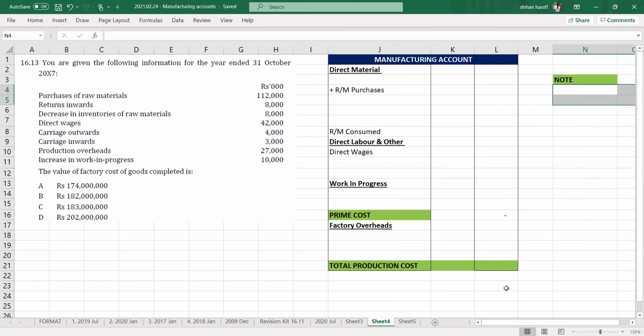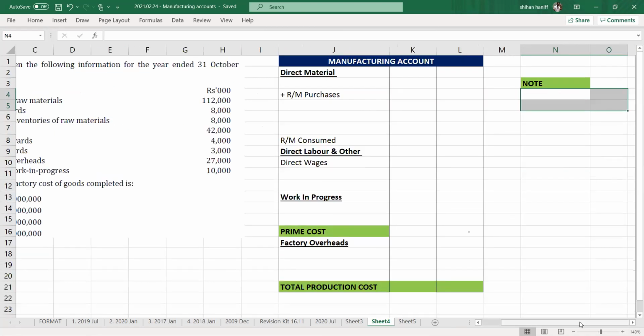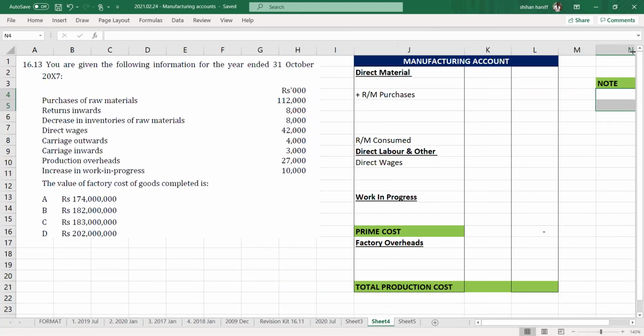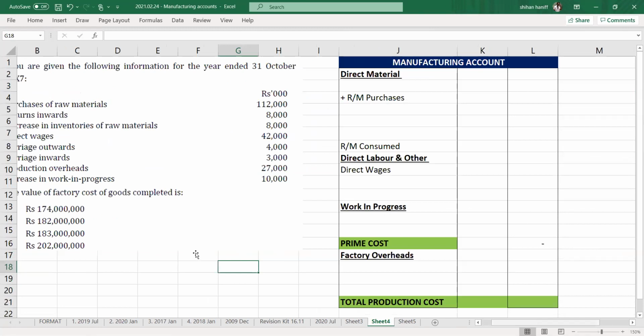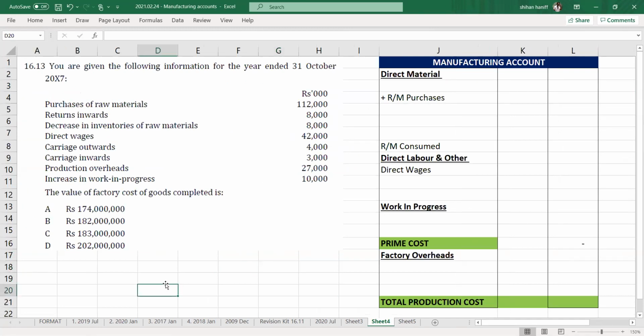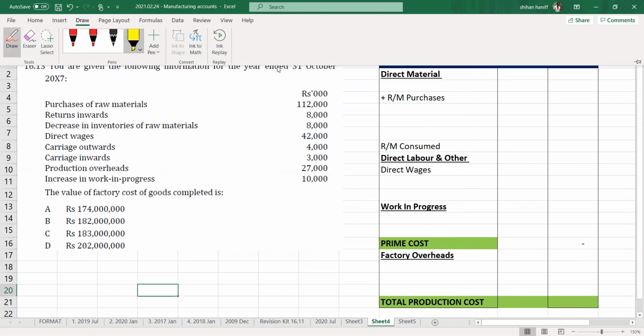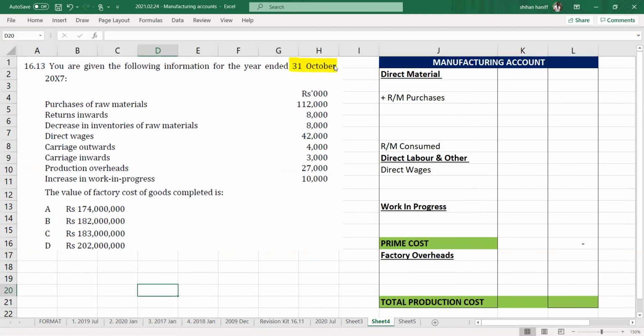Tell me the answer for this. You are given the following information for the year ended 31st October 2007. Value of factory cost of goods completed. What is the answer?